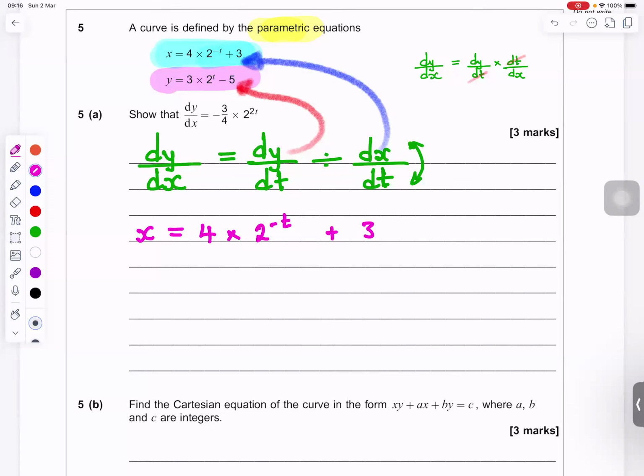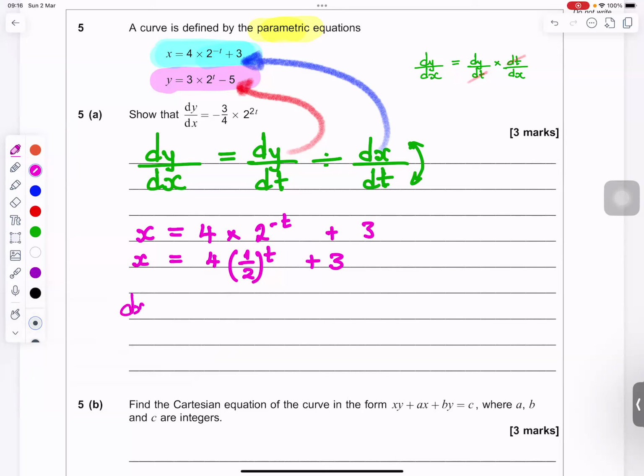What I originally did, which I think is now wrong, was let me write something here. I can put that as 1 over 2 to the power t, plus 3.